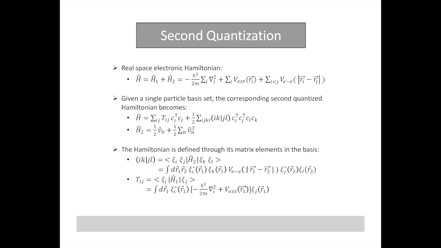This is simply the matrix element of the one-body part of the Hamiltonian with respect to any two elements in your single particle basis. And your two-body Hamiltonian, which would have this type of form, is the corresponding matrix element between every pair of single particle states.